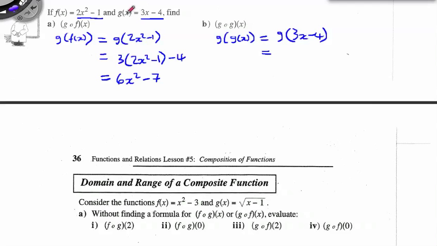This will become 3x minus 4. So this x value also becomes 3x minus 4. And simplifying, we'll get 9x minus 12, and minus another 4 is minus 16 in simplest form.